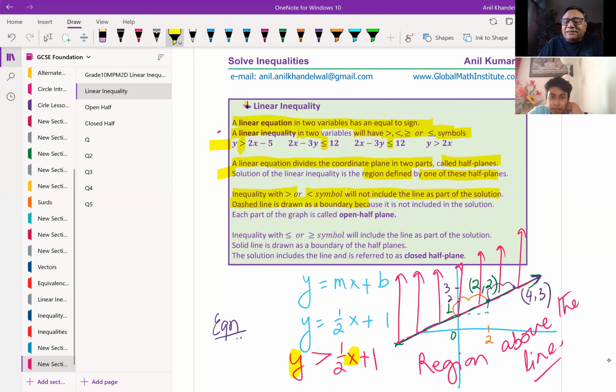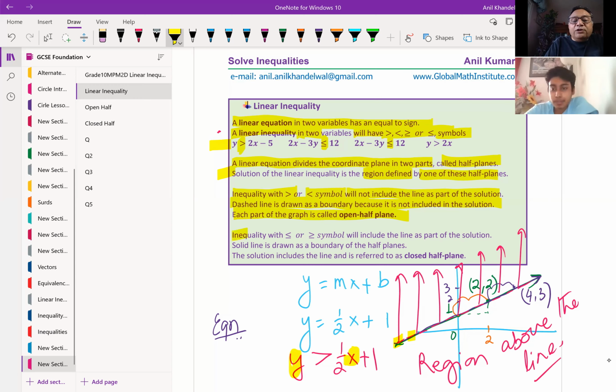A dashed line, just as I've drawn here in red, as a boundary means do not include the line. So a dashed line is drawn as the boundary because it is not included as a part of the solution, correct? Okay, sir. Each part of the region is called an open half plane. That boundary is not included. Is that okay? Yes, sir.